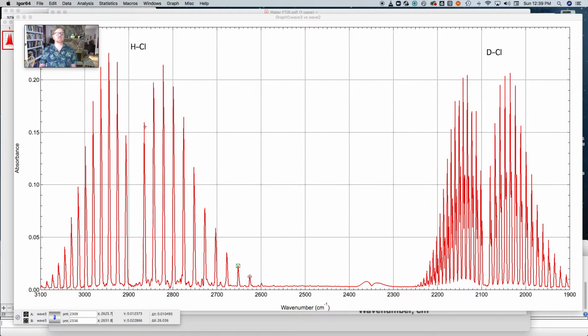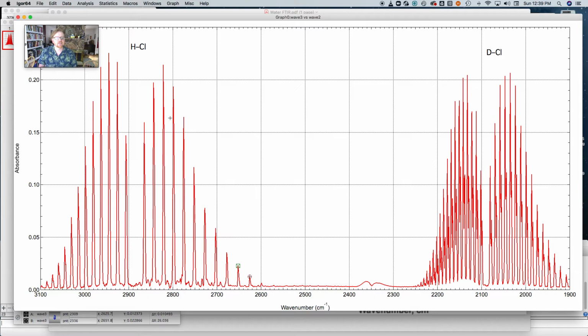So these are supposed to be exactly 2 times B apart. These two were 10.6 apart, but these two were 13 wave numbers apart. And that's once again due to the centripetal distortion.